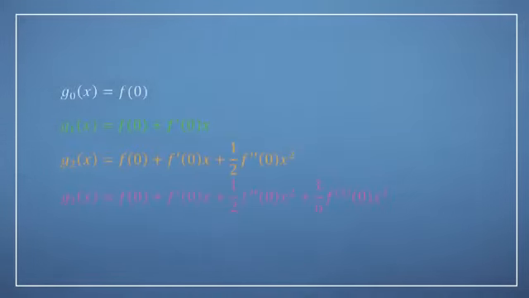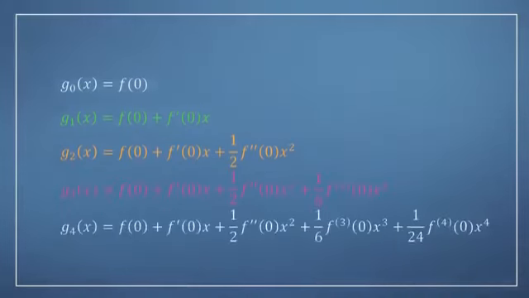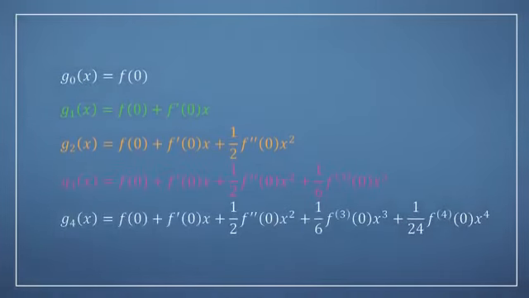What we now want to build is a general expression. The lower order terms remain, so we can just write down the fourth order approximation without working through it. Notice that the 1/6 coefficient in front of the cubic term was the result of having to differentiate a cubic term twice. So when we differentiate x to the 4th power 3 times, we are going to get 4 times 3 times 2 in front, leading to a coefficient of 1 divided by 4 times 3 times 2, which is 1 divided by 24.